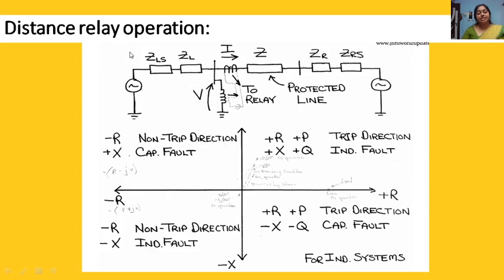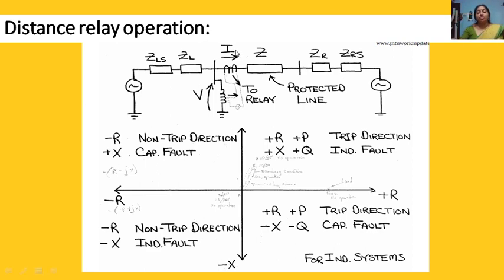Now we'll see distance relay operation. As I told, this relay is a directional relay. Even if it is not directional, we purposely make it directional because we want the relay to see only forward direction faults. The relay should not operate for a fault behind which it is located.